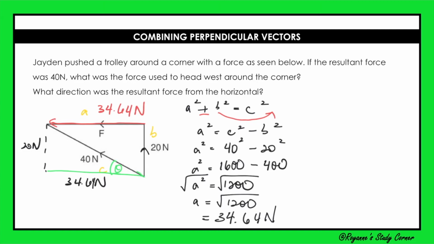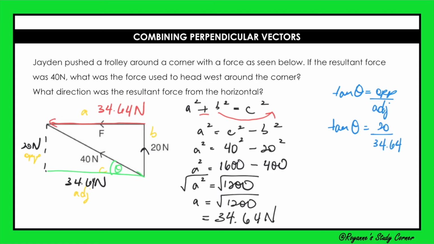So if I look at this triangle now and we want to figure out what theta is here, then here is my opposite side because it's opposite the angle, and here is my adjacent side. So I'm going to use tan theta is equal to opposite over adjacent. So therefore tan theta is 20 over 34.64.